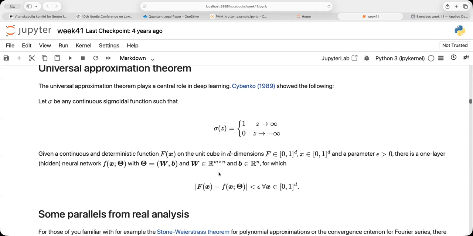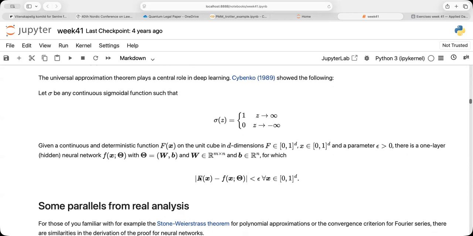These are represented by matrices and vectors, where the difference can actually be driven to a small error. So you can approximate any continuous function with a neural network with at least one hidden layer.